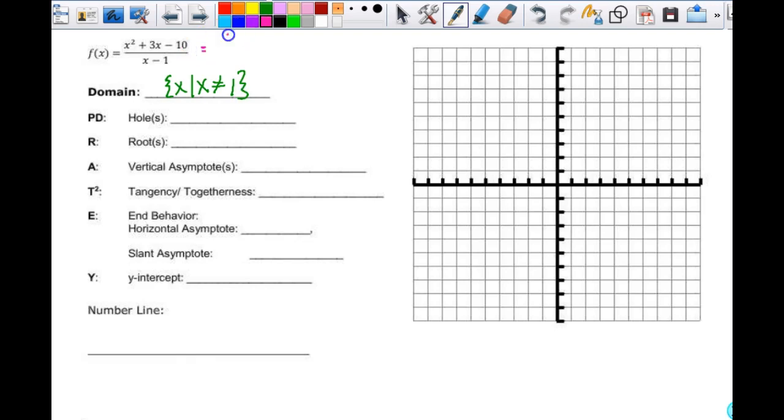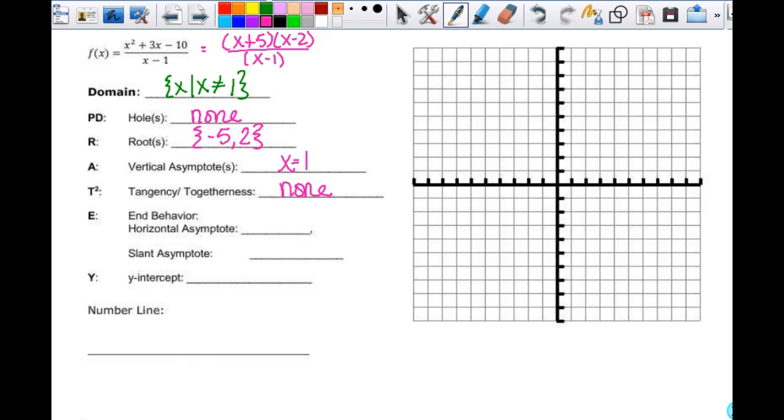This is going to factor into x plus 5 times x minus 2 over x minus 1, which means I do not have any holes. My roots are going to be at -5 and 2. Vertical asymptotes, x equals 1. There is no tangency or togetherness.